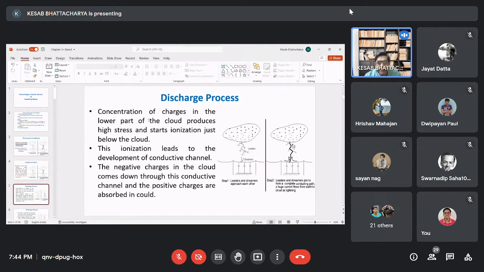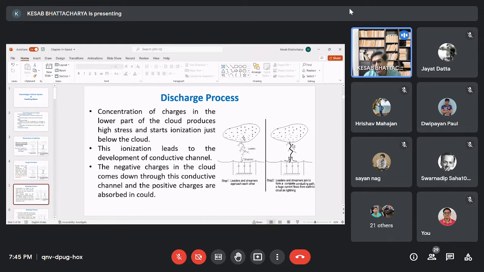Concentration of charges in the lower part of the cloud produces high stress and starts ionization just below the cloud. This point is to be noted carefully. Whenever there is concentration of charge around any point or object, the electric field strength or stress around that point or object will be very high.